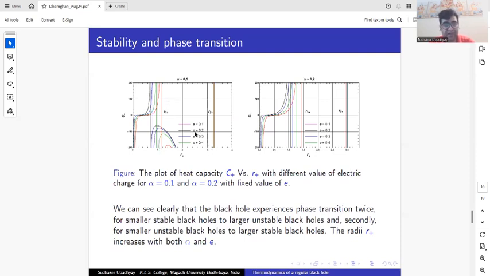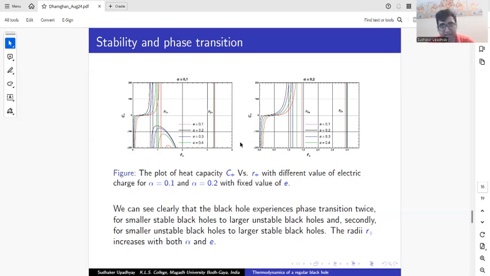Firstly, in this region the heat capacity is a positive quantity, so the black hole is stable, and here you can see a negative heat capacity, which means in this region it is unstable. So there is a first phase transition where the small black hole goes from the stable region to the unstable region, and for the second case, it goes from the unstable region back to the stable region.